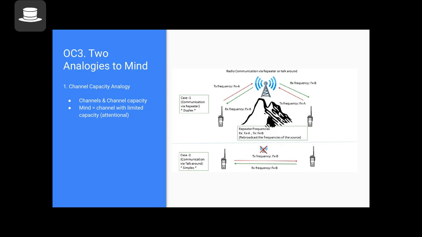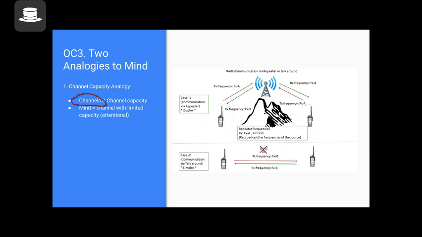So coming to the channel capacity analogy, just to give you a sense, communication engineers are interested in communication, and we're talking about people who create cell phones or phones. Now, according to this analogy, the communication engineers use the word channel.